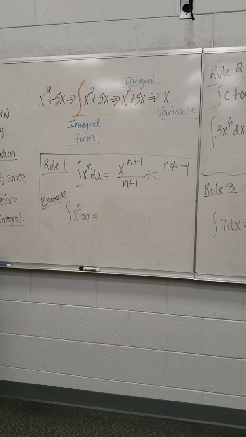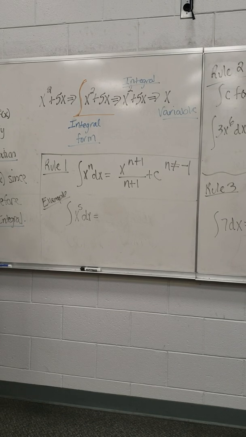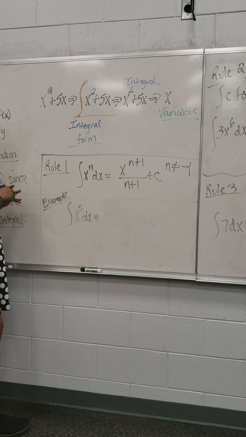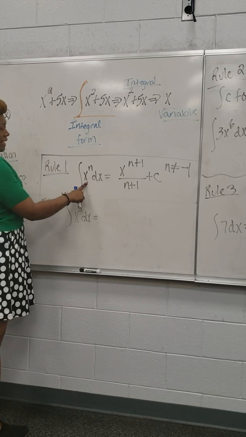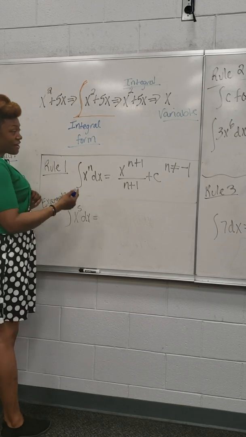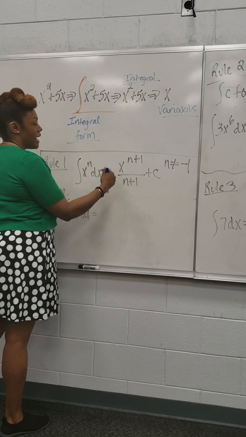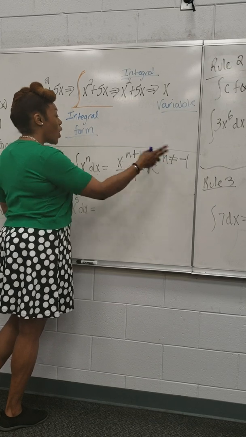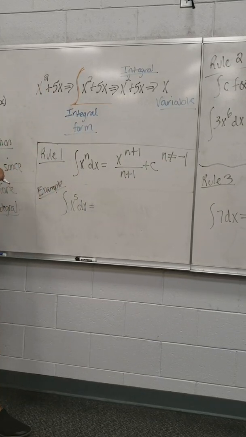We have several different rules. Today we are only going to do 4. Rule number 1: if you are taking a general variable, x to the n, it is the same thing as we did with antiderivatives. Integration is antiderivatives, where the integral of x to the n is x to the n plus 1 divided by n plus 1, plus c, as long as n does not equal negative 1.